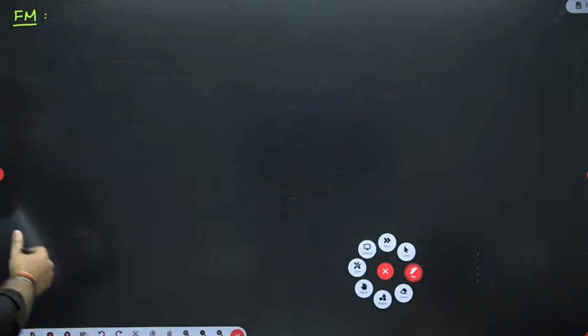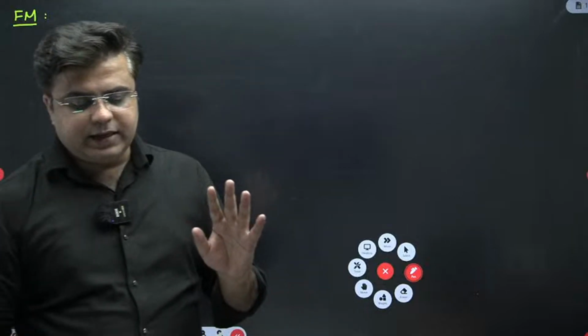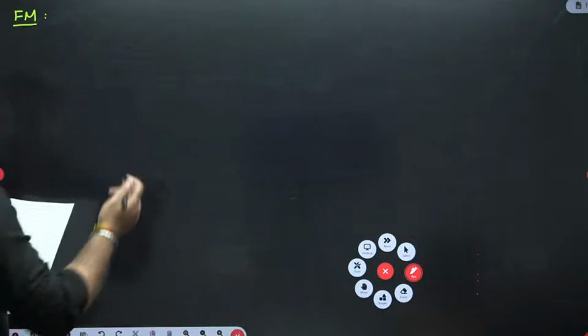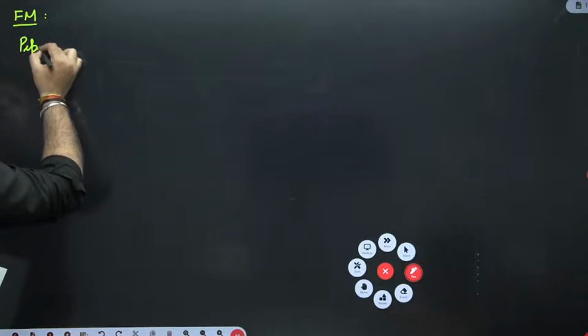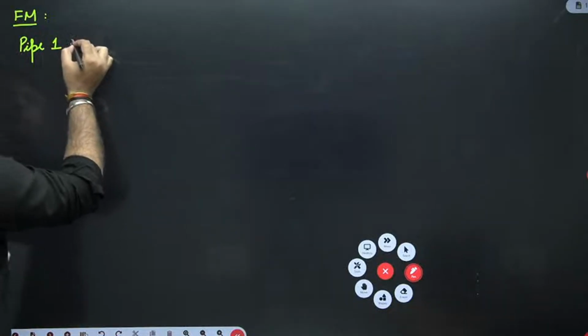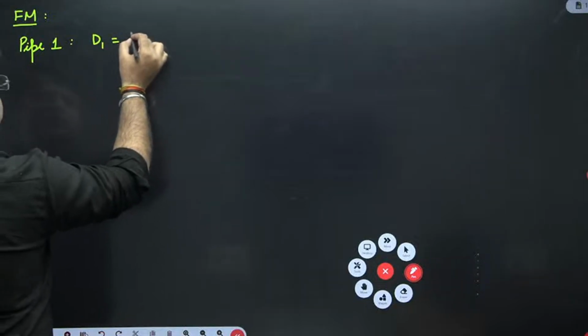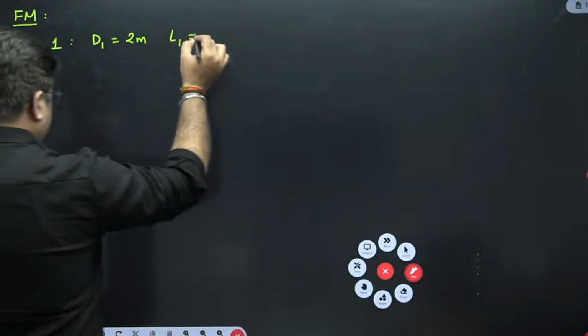So the question says that two pipes were given to you. For both the pipes, diameter and length are also given. Both the pipes are made up of the same material, having Darcy's friction factor equal to 0.01. So you have pipe 1, for which diameter D1 is 2 meters, length L1 is 100 meters.